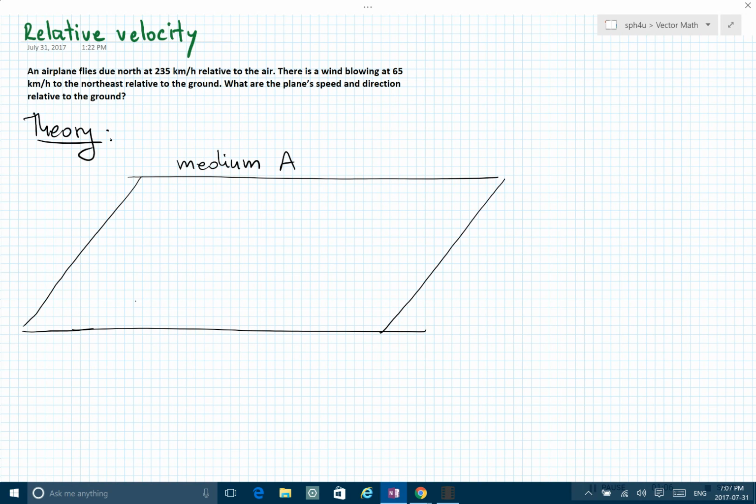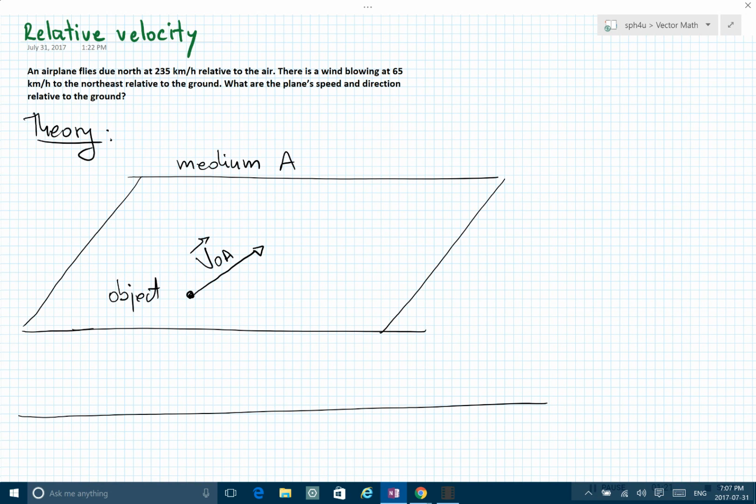And then we have an object, which is right here, and this object moves with some velocity of the object with respect to the medium. So we have a guy here, and he's observing it, he's on this medium, that's when he measures.